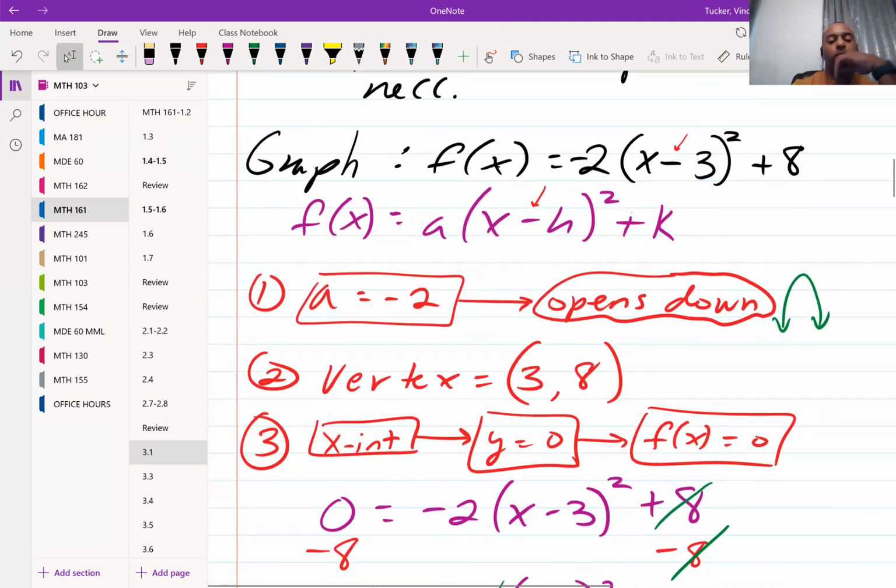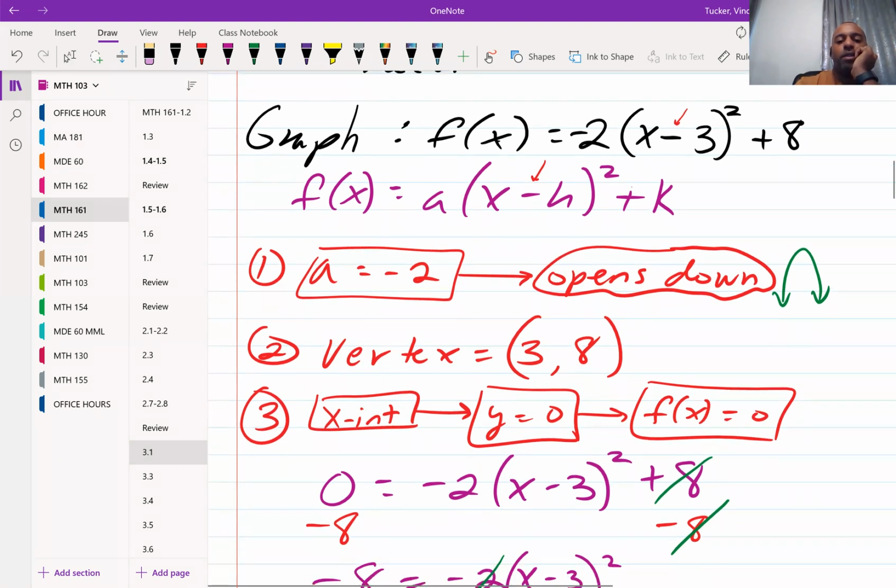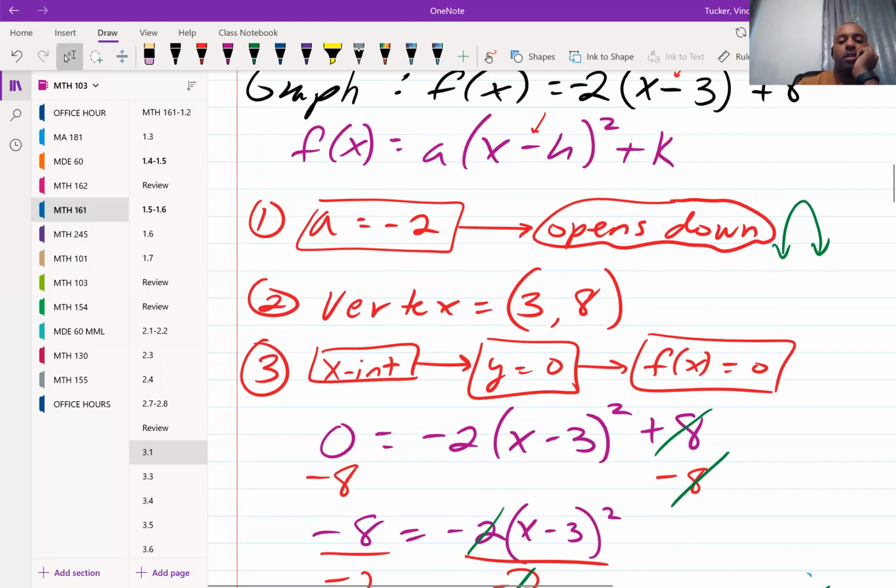Step 3, we want to find the x-intercepts. Find the x-intercepts by letting y be equal to 0. Don't forget that characteristic of all x-intercepts: y is equal to 0. And don't forget also y is the same thing as f(x). So we plug in 0 where f(x) is.